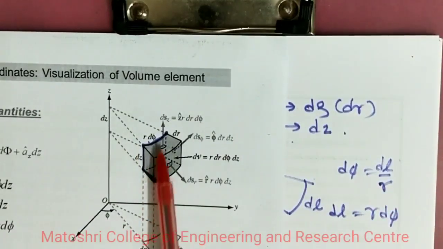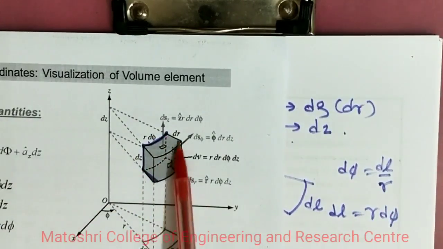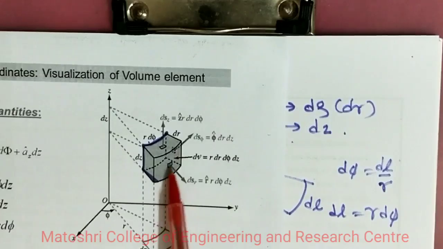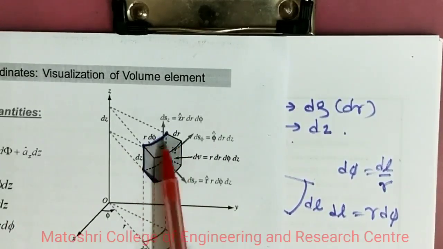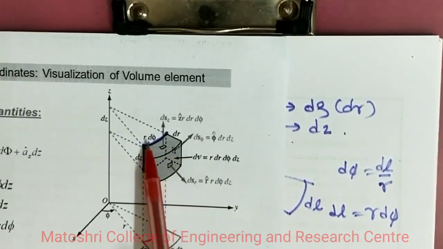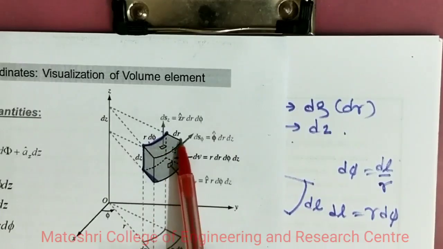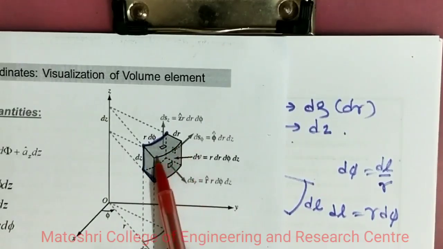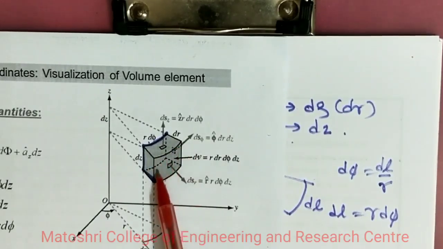Now these three lengths will give six different surfaces. For this front surface, the radius is constant, and you are varying angle phi and z. That's why the two lengths you multiply for the surface area are r d phi and dz. What is r d phi? This is a change in length in terms of a change in angle.